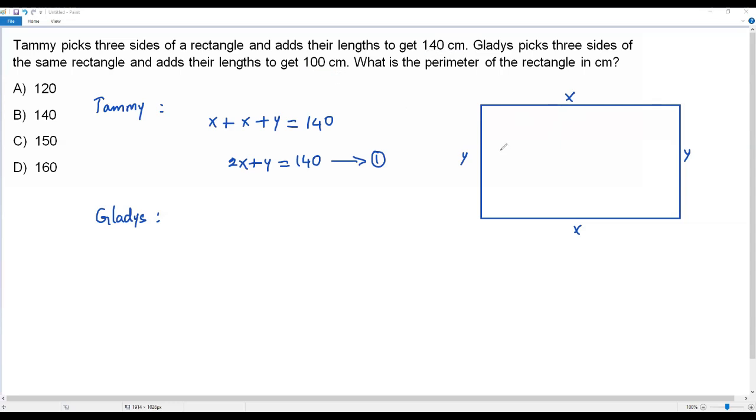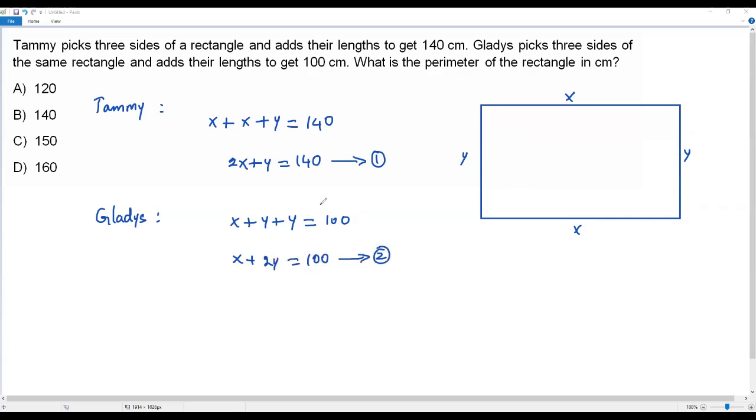But Gladys also picks the three sides of the same rectangle, so she must have picked two widths and one length. So we get x + y + y. She adds the lengths, and she's getting 100 centimeters. So it must be equal to 100. So when I combine this y and y, I'm getting x + 2y = 100. I take this as equation number 2.